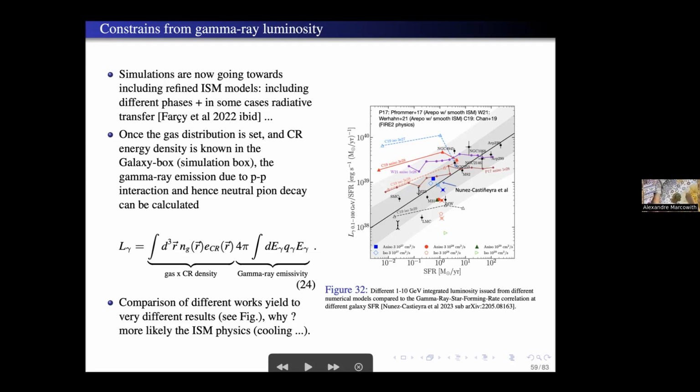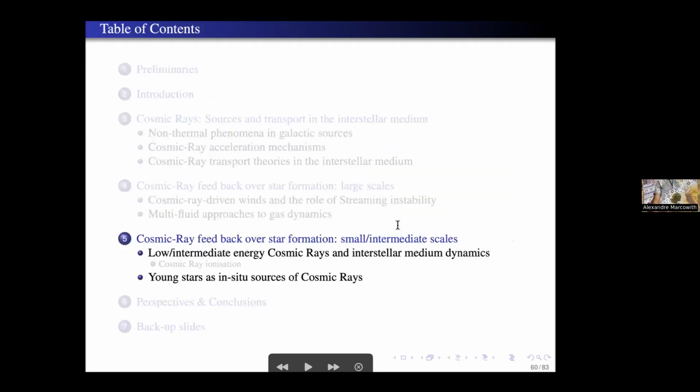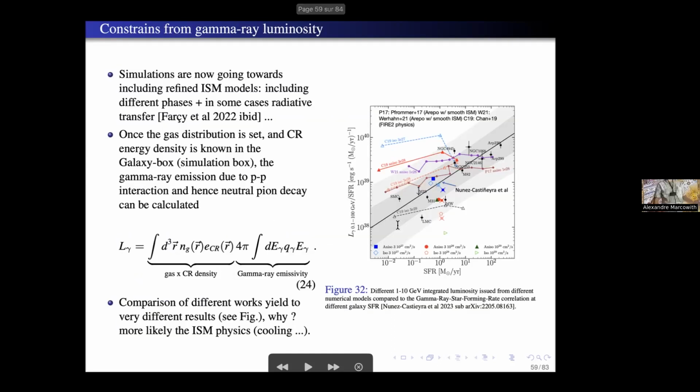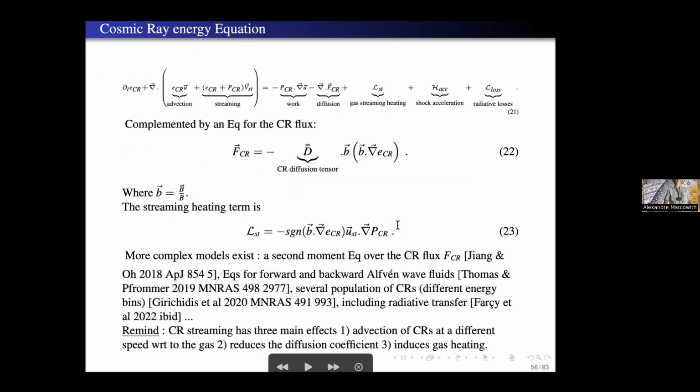But you also have some uncertainties on the diffusion process. I just wanted to mention that the way the diffusion coefficient is implemented in the cosmic ray model is usually very simple.